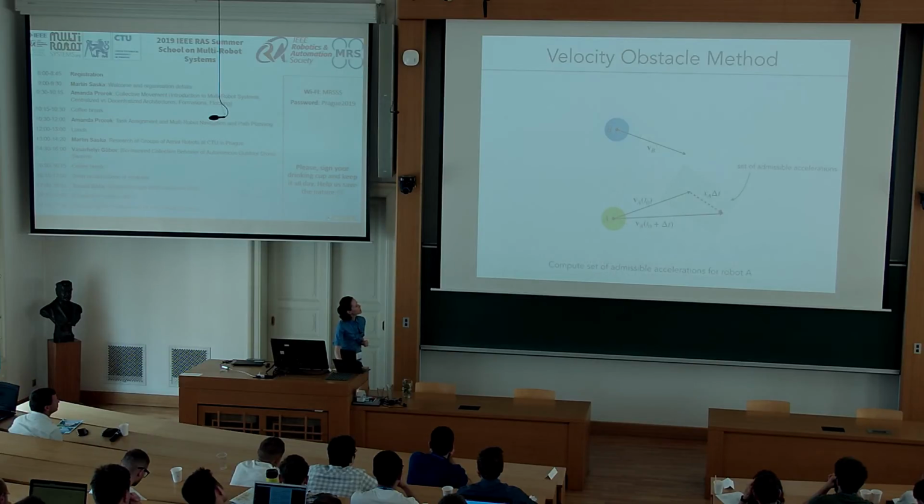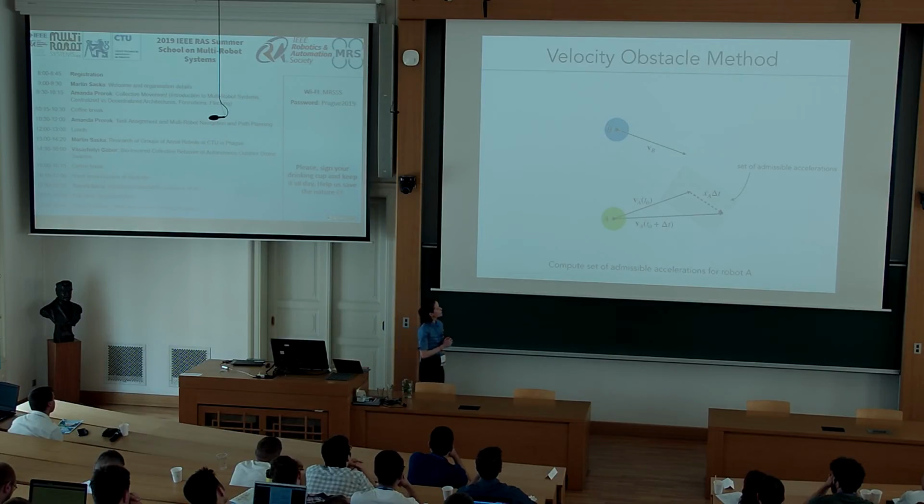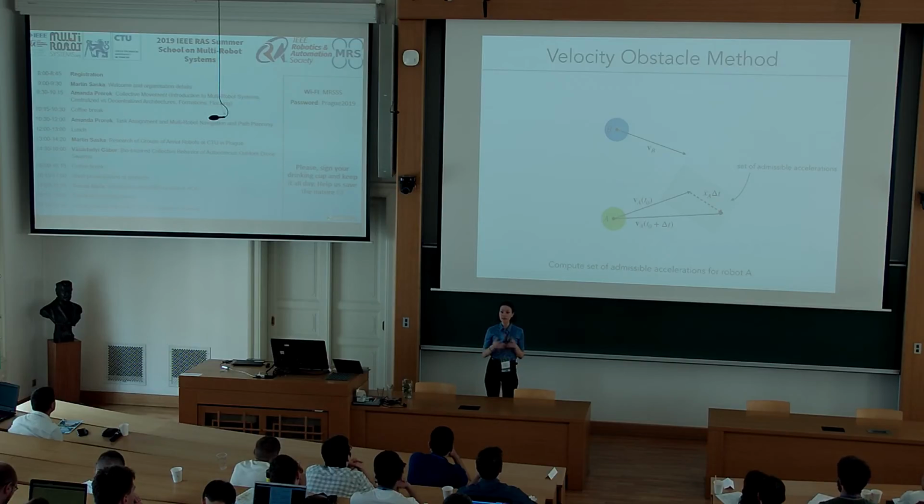Okay. So now the question is, what am I going to do in order to avoid collisions? And this is the key question. So the way we solve this is by saying that we have a motion model for robot A, and we can compute a set of admissible accelerations. So for example, let's assume that this gray box here represents the set of admissible accelerations that my robot A can do, given its dynamic constraints.